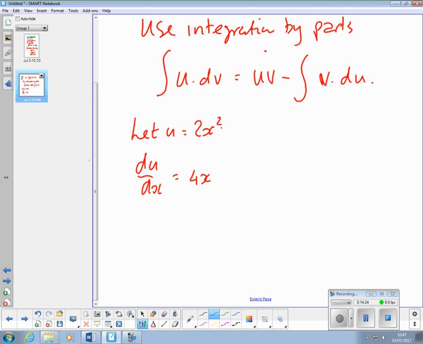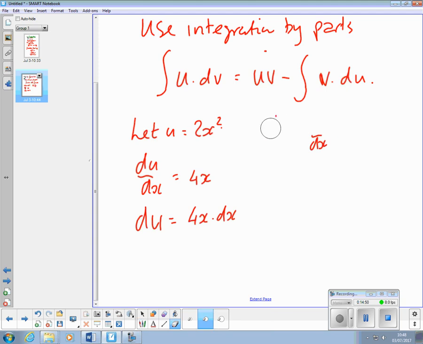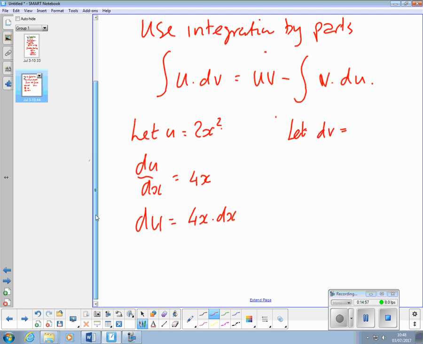And then we rearrange for du. So we say du is equal to 4x dx. So that's that half. And then we say we let dv by dx equal, let dv equal the other half, which is e to the x.